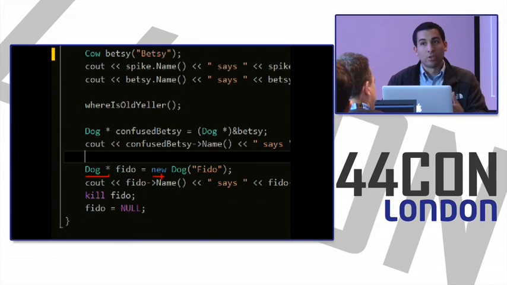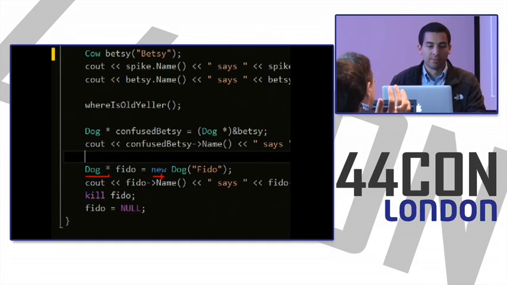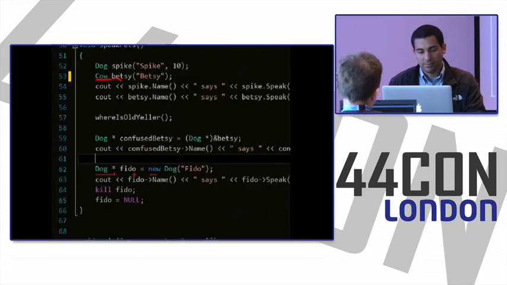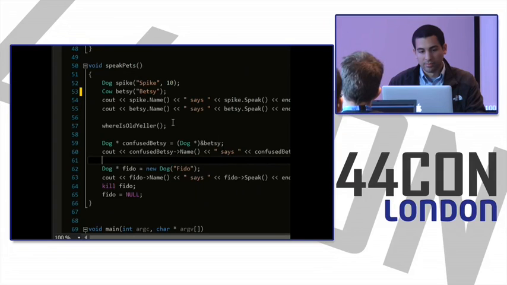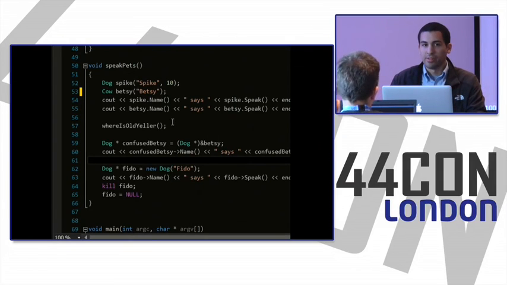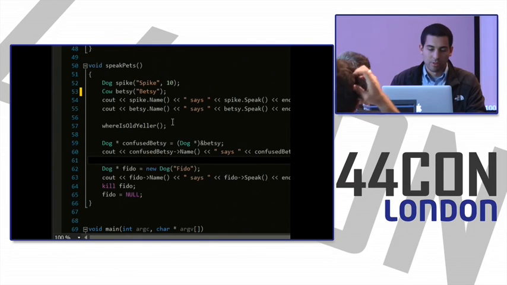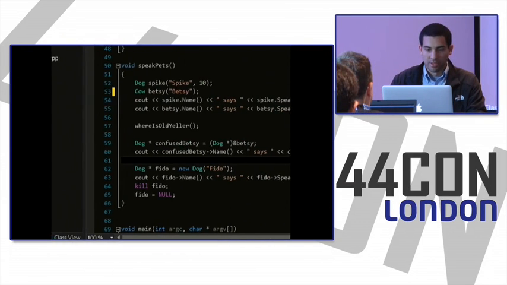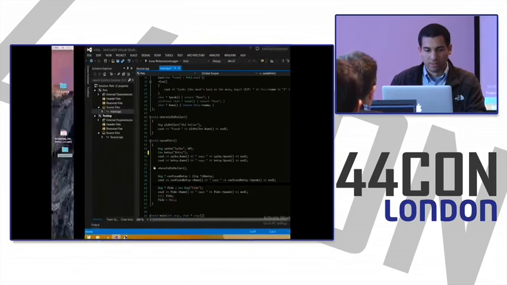When creating a class in this way, you're basically creating the class object on the heap, or sorry, in the heap versus on the stack. So Betsy is on the stack. However, Fido is stored in the heap. Any questions? No? All right, we'll go more into that example a little bit later.